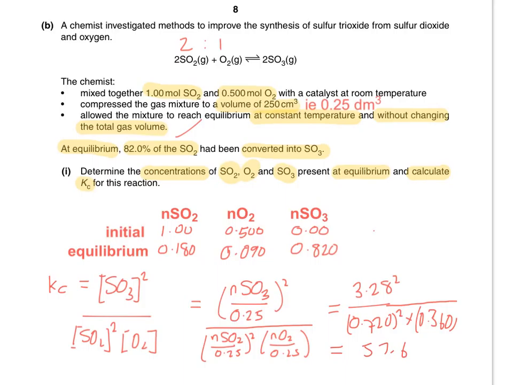And to get the units, all you have to do is put in what they are and then cancel. So that's your sulfur trioxide. Same for your sulfur dioxide. In brackets.